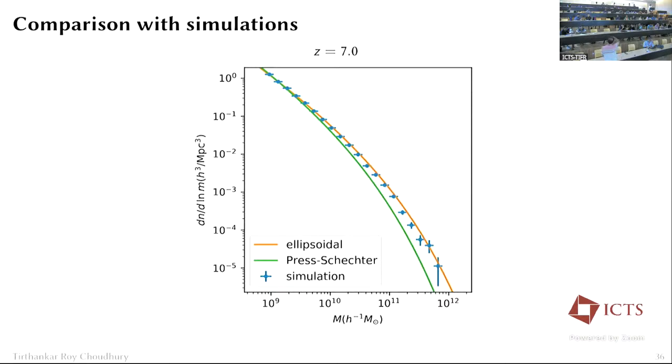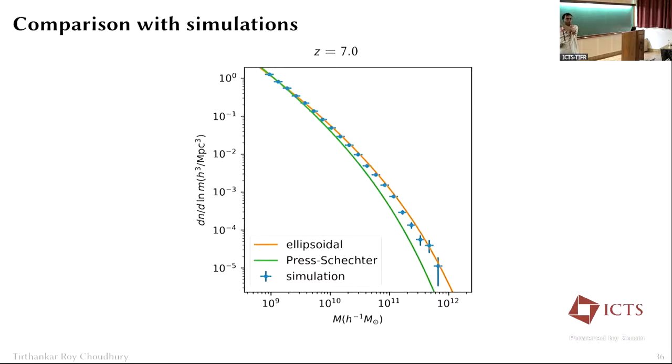So people then go to a next level. They do FOF in the 6-dimensional space, position and velocity. That's the famous Rockstar and another algorithm. So yes, the definition of halos depends on how you define the halos. That is true. And depending on how you want to define the halos, your mass function will change.